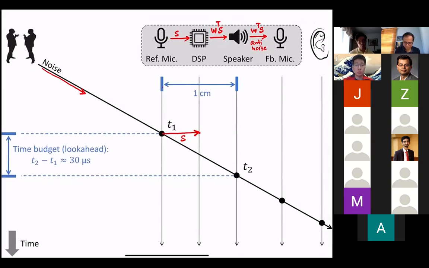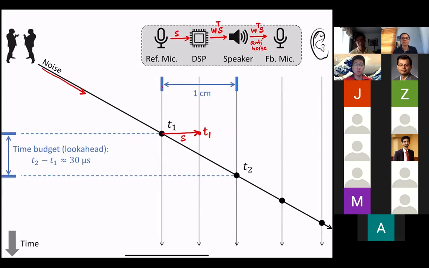Is it like the speed of sound over 1 centimeter? Correct, exactly. Rather, 1 centimeter divided by the speed of sound. And in this figure, how much is that, in terms of T1, T2? 30 microseconds. That's true.